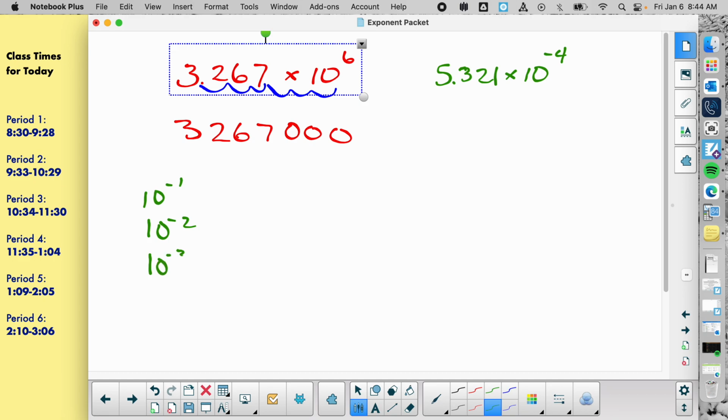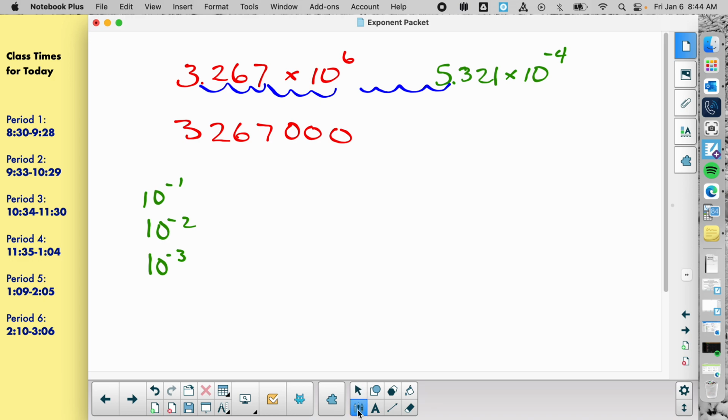This is thousandths, 0.001. The bigger the negative number, the smaller it is. So 5.321 times 10 to the negative 4th, rather than trying to think about how many zeros it is, I'm going to move the decimal point that many spots. So if I move my decimal point that many spots and I fill that in with zeros, my answer would be 0.0005321.